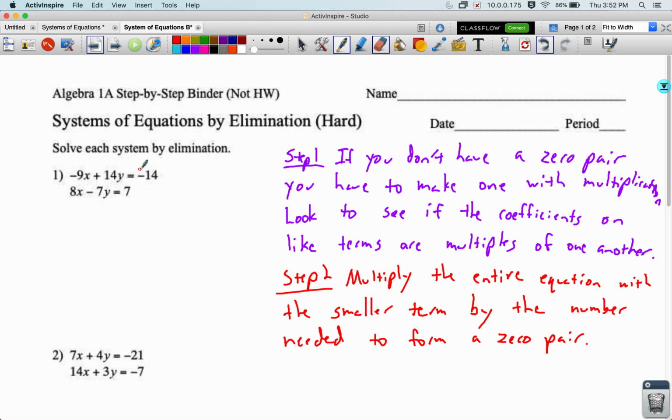I know that there's a lot of words there. This is going to make more sense the more we practice it.